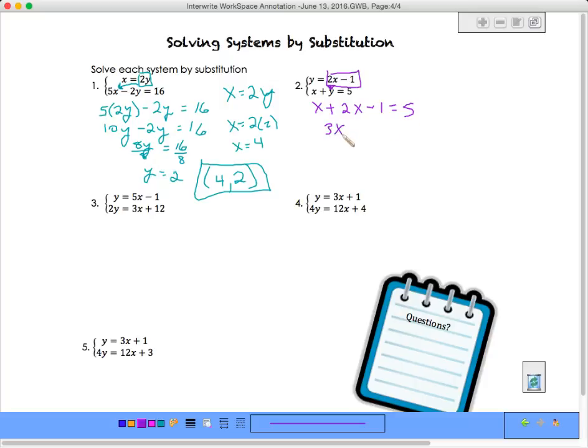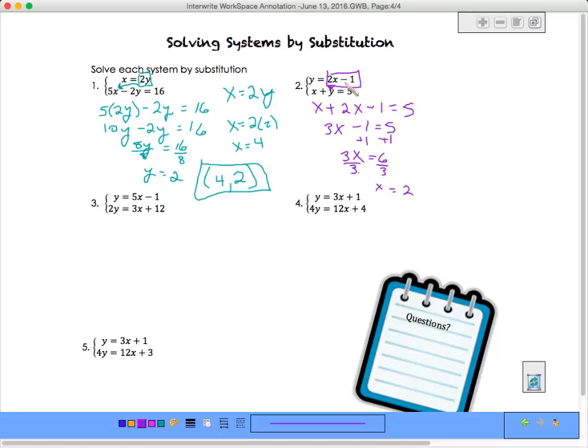That's 3x. x plus 2x is 3x, minus 1 equals 5. I will add the 1 to the other side, which gives me 3x equals 6. Divide by 3. And this one's nice also. We get x equals 2.